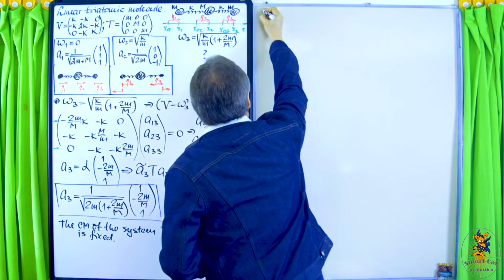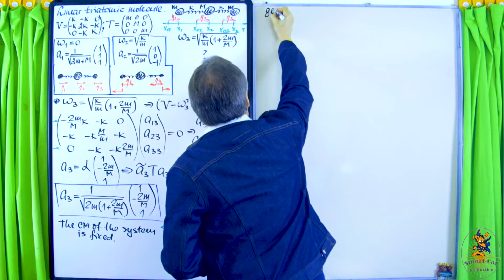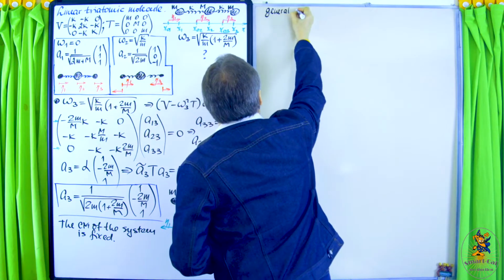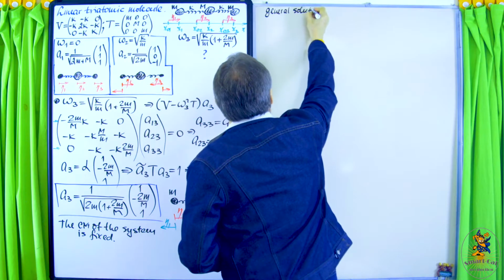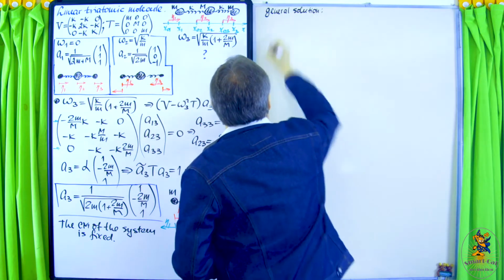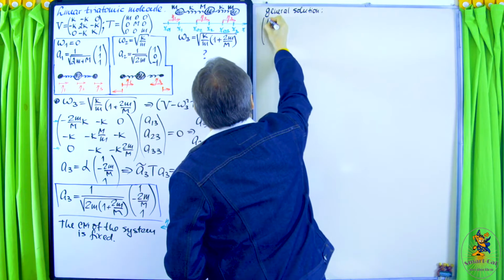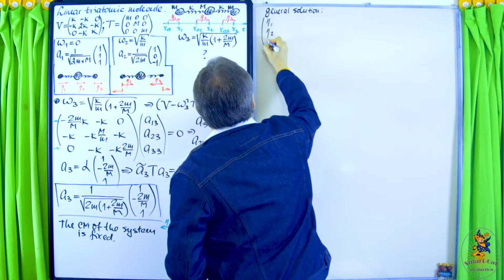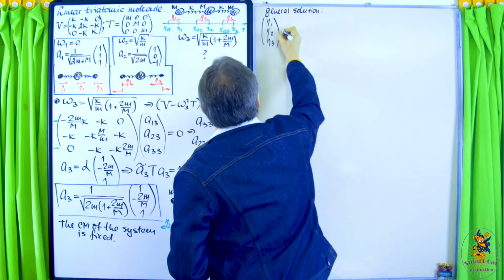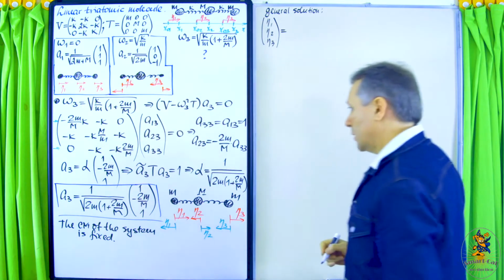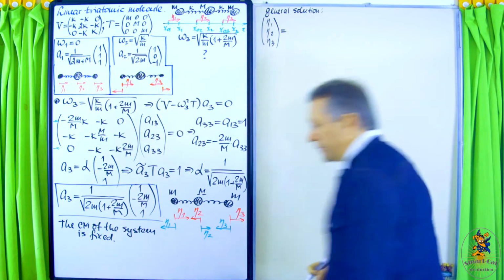Okay, so now the general solution. Right. So eta 1, eta 2, eta 3 equals. Which constants do I use? Okay, F. Okay.